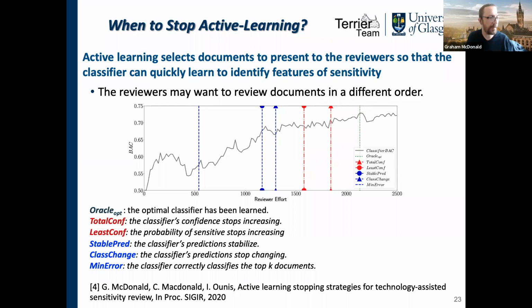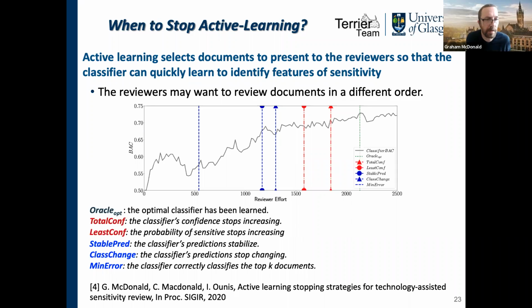For example, they may want to review documents in chronological order, or review batches or clusters of related documents. Often sensitivities may not become apparent until you see information in other documents, and putting information from multiple documents together can enable the reviewer to have better insight into the potential sensitivities. This is often referred to as mosaicing classification.